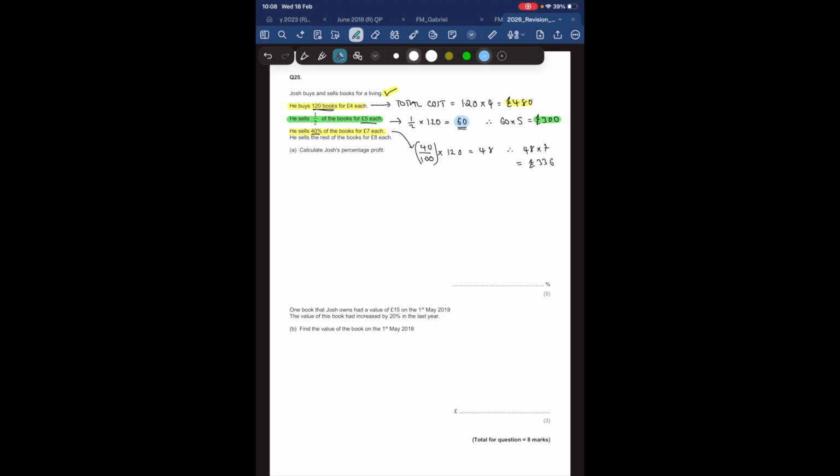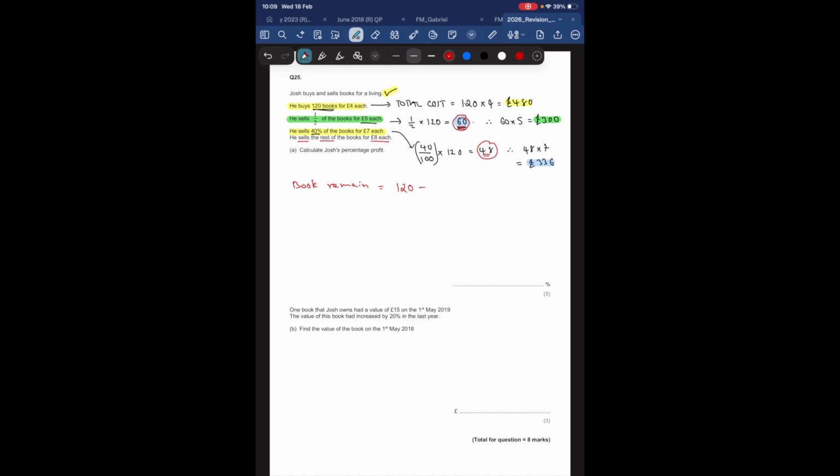So I'm just going to highlight that. £336 are made by these 48 books. Remember, the number up here is the total number of books that is sold for £5. Now, the remainder of the books he's selling for £8 each. Well, the number of books remaining: we started out with 120 books.